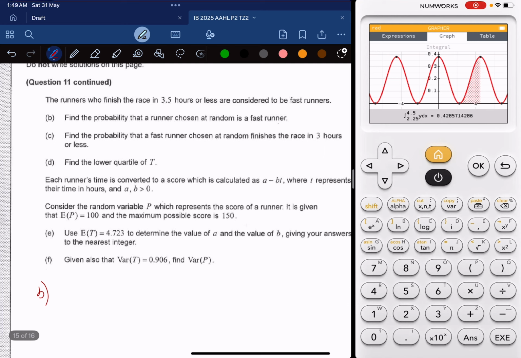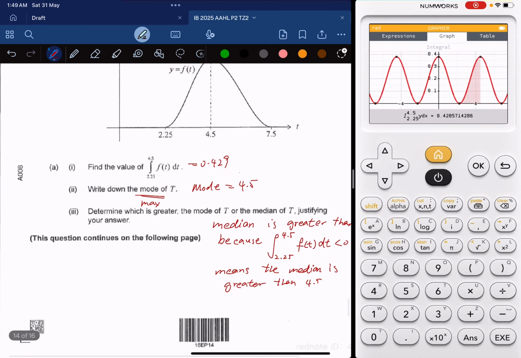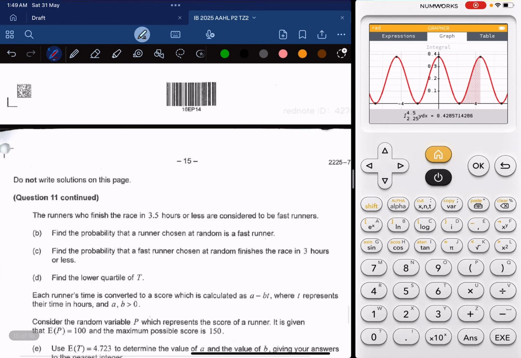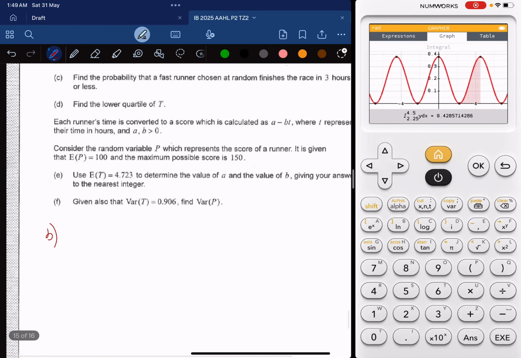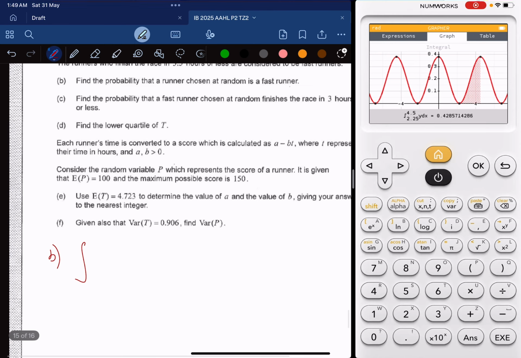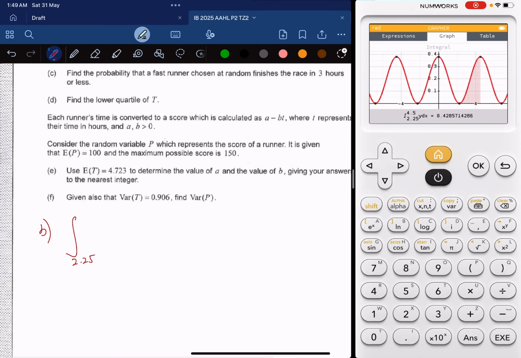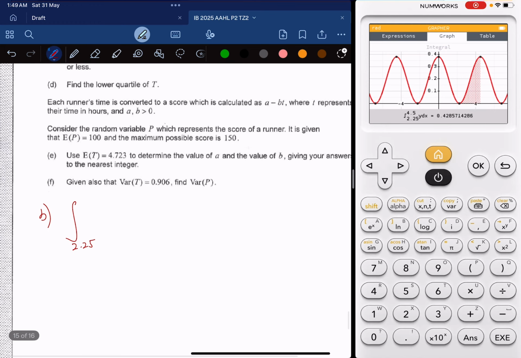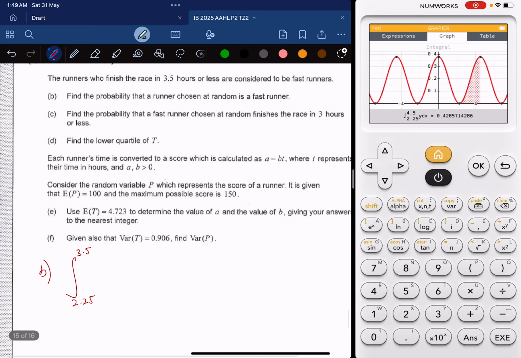The runners who finished the race in 3.5 hours or less are considered to be fast. And then, of course, we want the probability that a runner is considered to be fast, right? So 3.5 hours or less. So it's just integrate 2.25 all the way to 3.5 of ft.